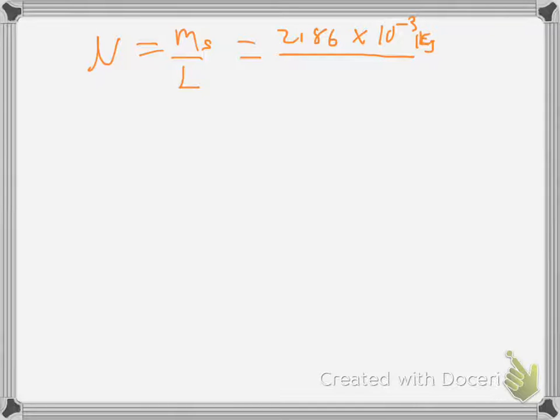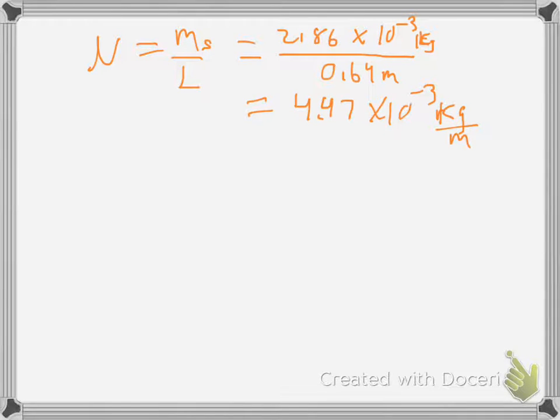And the length of the string was given to be 0.64 meters. So this gets us our linear density of 4.47 times 10 to the -3. In our units, it's mass over length, so kilograms per meter.